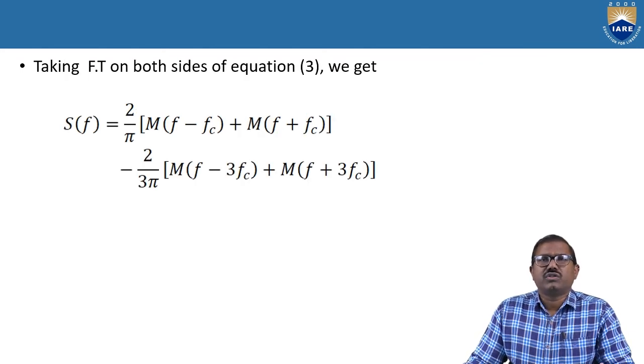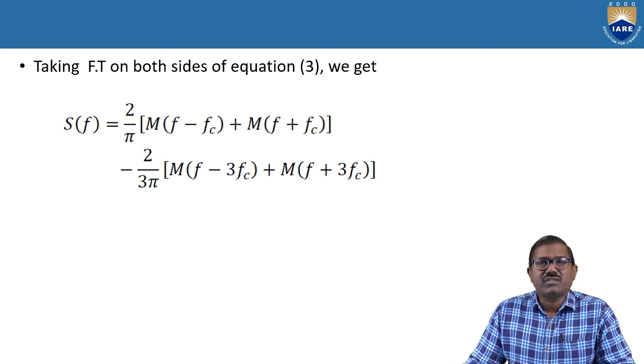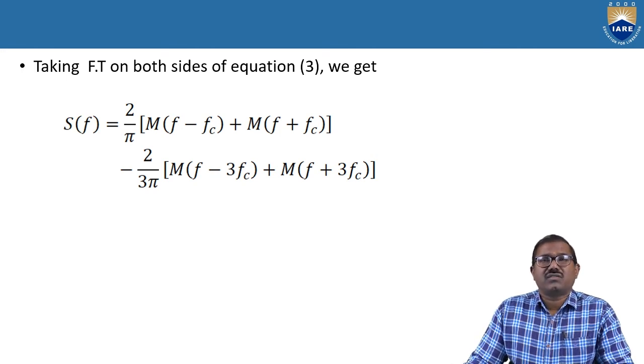Again we take the Fourier transform of that S of t equation, and we get S of f, which is 2 by pi of [M of f minus fc plus M of f plus fc] minus 2 by 3 pi of [M of f minus 3fc plus M of f plus 3fc].